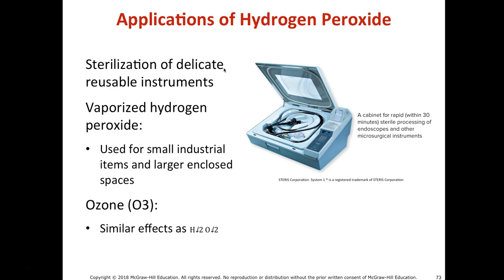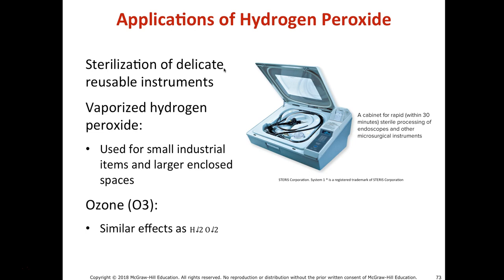If we use vaporized hydrogen peroxide, we are able to sterilize small industrial items, or we could do a larger enclosed space. So we would fill a room with hydrogen peroxide vapors at a high concentration, and that would be enough to kill off endospores, so another wide spectrum.